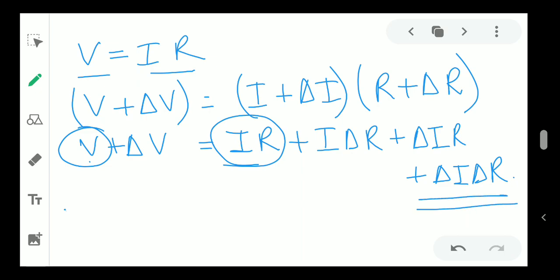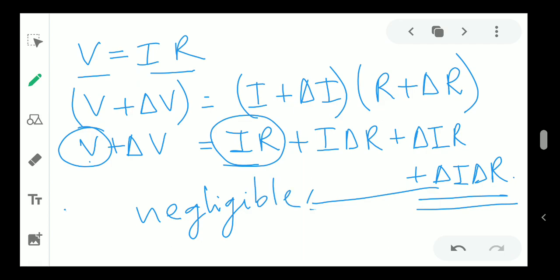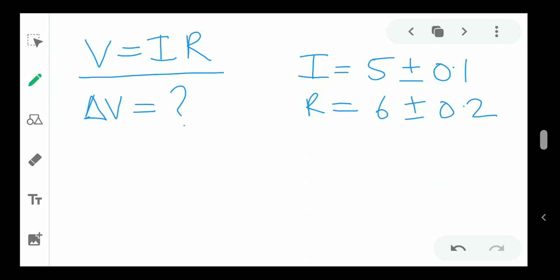Now if you look at this expression, we know that errors are very small, but you also know that if two fractions are multiplied with each other, they become a smaller fraction. That's why this term is neglected. This term will be negligible because it's a small term, because delta I is also very small, it's a fraction.